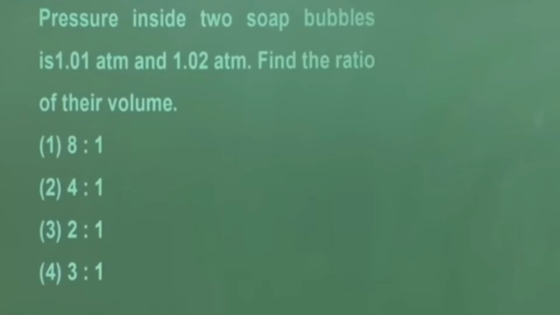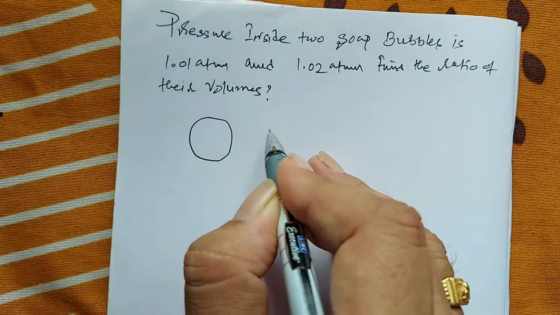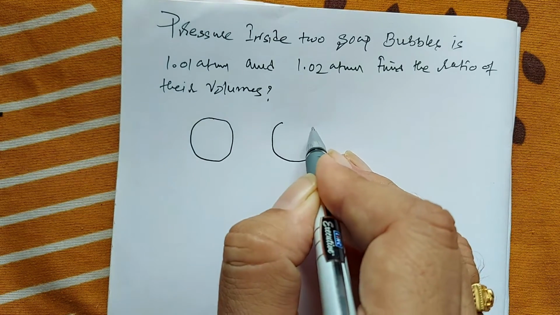Okay, now we are going to discuss another problem. Pressure inside 2 soap bubbles is 1.01 atmosphere and 1.02 atmosphere. Find the ratio of their volumes. Right, so these are the 2 soap bubbles.